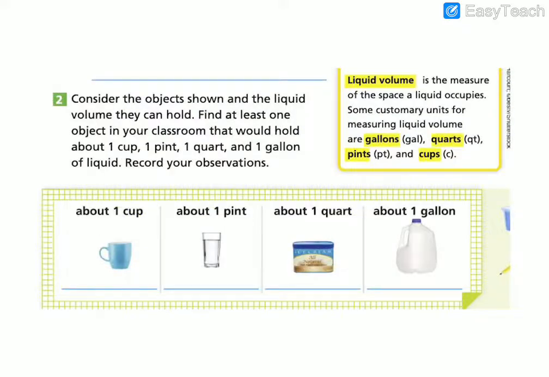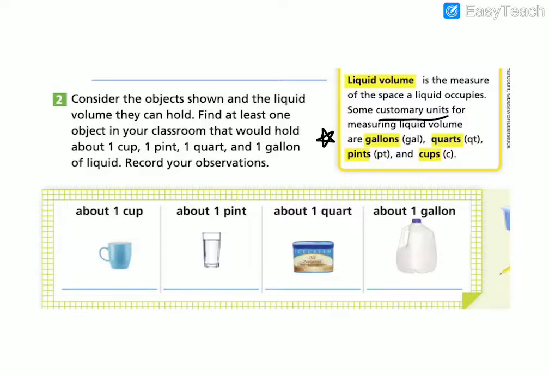So now let's take a look at number 2. Consider the objects shown and the liquid volume they can hold. Find at least one object in your classroom or around your house that would hold about 1 cup, 1 pint, 1 quart, and 1 gallon of liquid. Record your observations. So these are customary units for liquid volume.